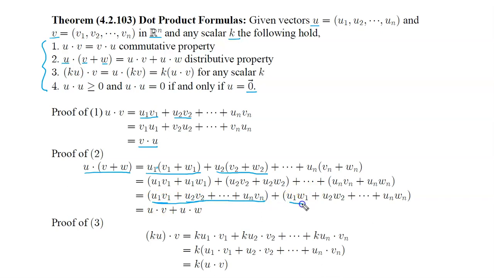And over here we have all of the u times w terms grouped together. And of course this term right here is just u dot v, and this term over here is u dot w, and that proves number 2.